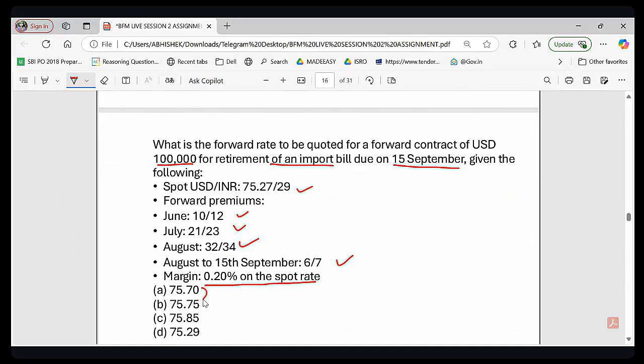You can see how close the options are. आप थोड़ा सा भी गलती करेंगे तो आप गलत ऑप्शन टिक कर सकते हैं, इसीलिए इसको आप सावधानी से सॉल्व करें. उम्मीद करता हूं आप लोग पेन पेपर और कैलकुलेटर लेकर बैठे होंगे, तो प्लीज ट्राई टू सॉल्व ऑन योर ओन फर्स्ट.